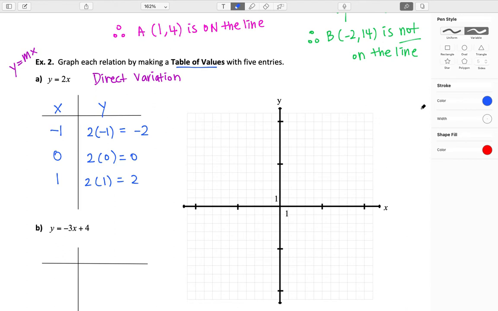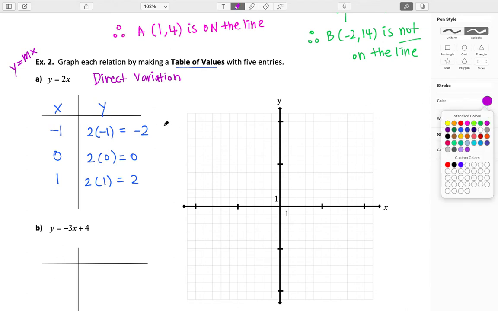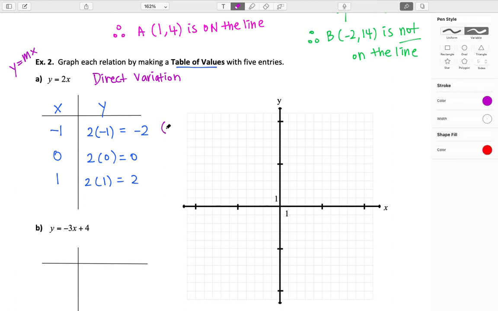What does this mean? I could translate this into point coordinates. So it's -1, -2, 0, 0, and 1, 2. Let's plot the points. -1 is over here, -1, and this is 2. This is 1, 2. Unfortunately, the grid is a little bit wrong.